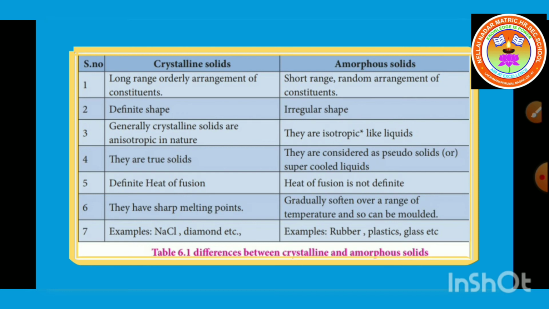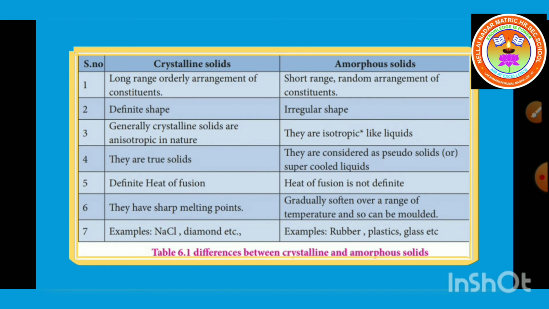They are isotropic, that is like a liquid. What is the fourth point? Crystalline solids are true solids. What about amorphous solids? They are considered pseudo solids, that is false solids or supercooled liquids.